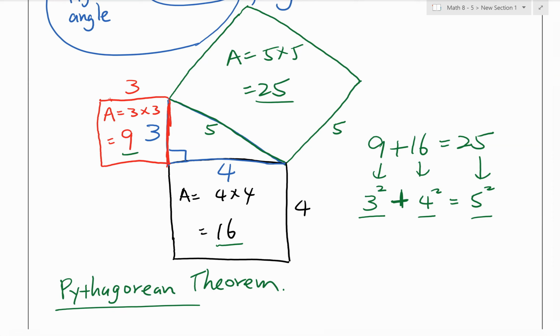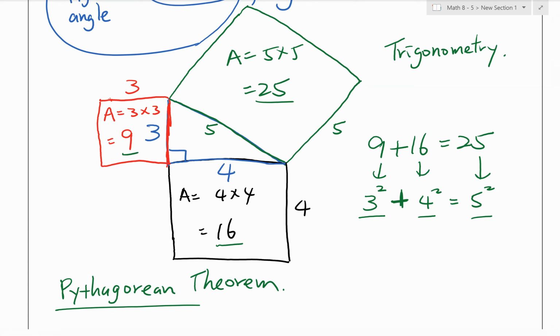But this discovery was for sure very significant to whatever we do now. This is the basis of trigonometry, which you will learn more in Math 10, Math 11 and Math 12. But the Pythagorean theorem is really very, very significant.